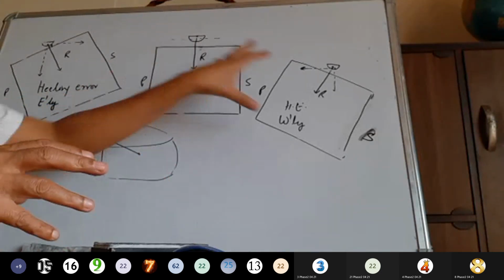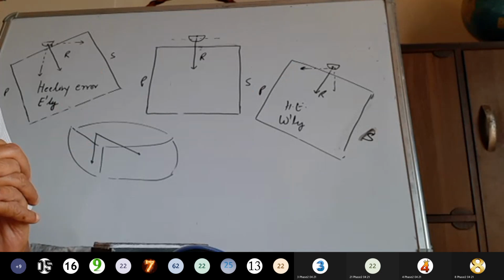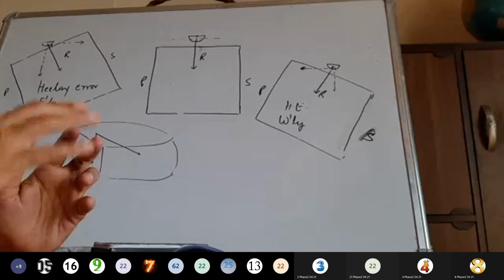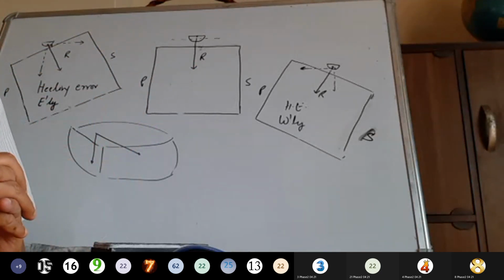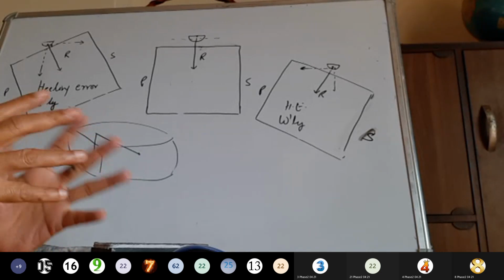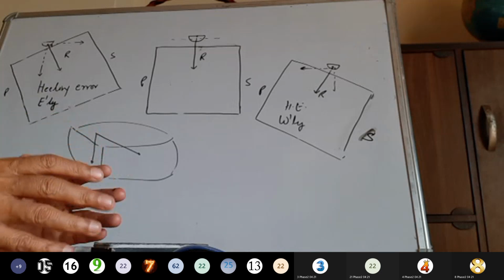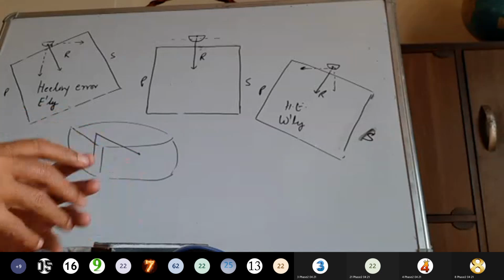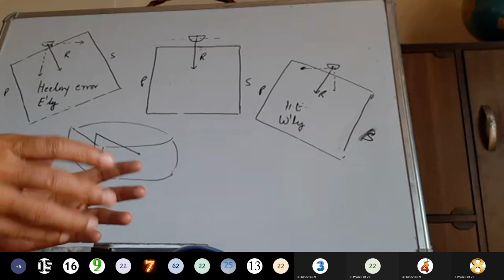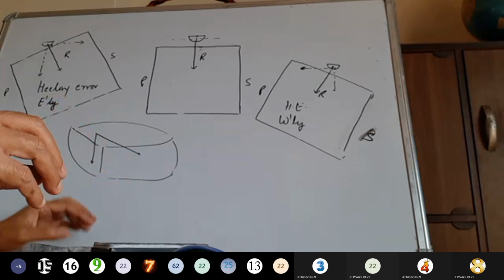That is due to heeling error, and also because the heeling error on your ship is not corrected properly. If the heeling error is corrected properly, then during rolling also the magnetic compass should not oscillate. But because the heeling error is not corrected properly, that is why that magnetic compass oscillation can be seen at the time of rolling.